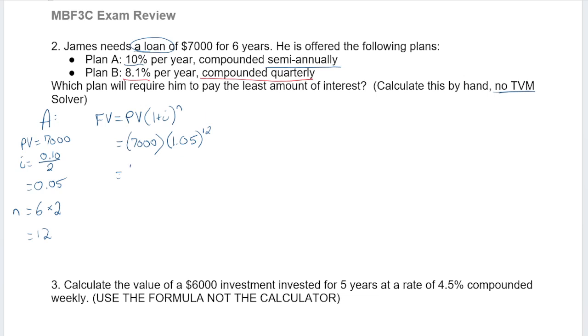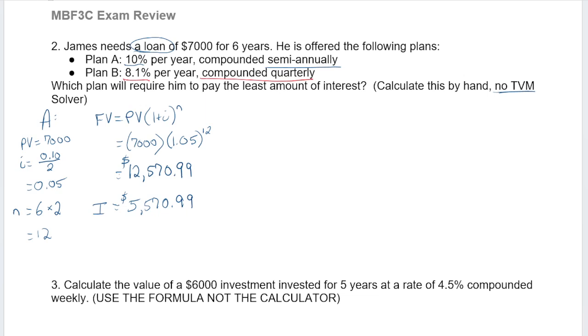And that gives me $12,570.99. Which means, it's not asking this explicitly, but the interest, he started with 7,000, so the interest must have been $5,570.99. So how much he ended up paying, minus how much he borrowed, would be the interest.